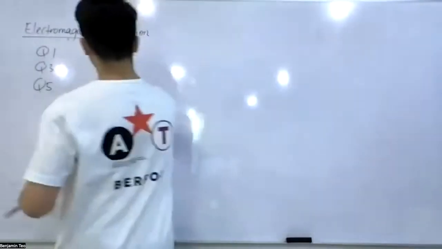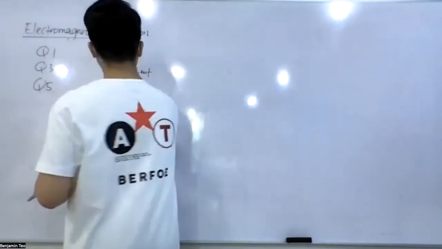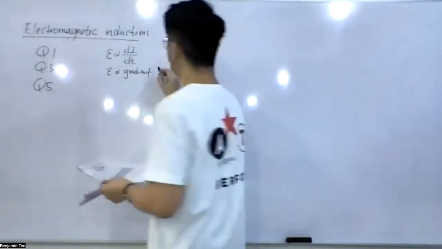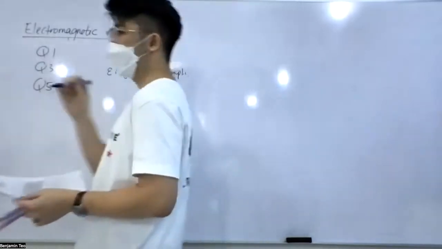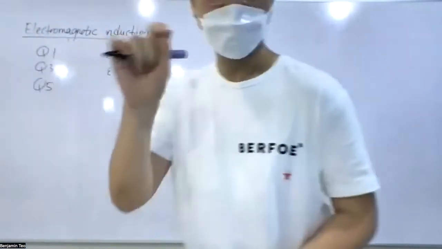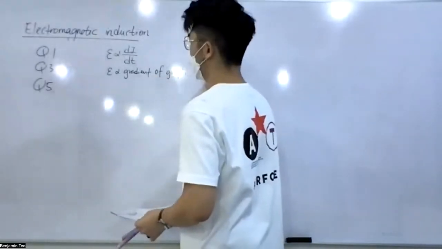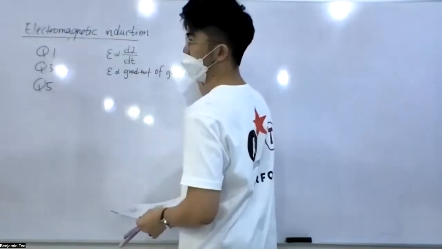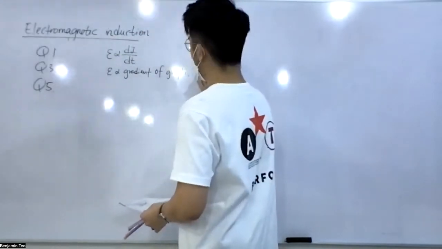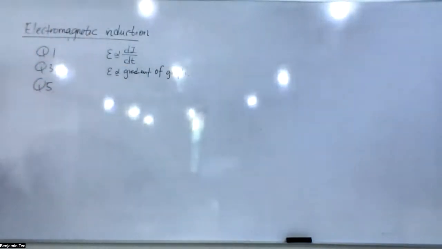So EMF is proportional to the gradient of the graph. Now, remember, not equal, it is proportional to gradient of graph. That means the gradient of the graph is not the EMF, it's just proportional to it because this is times a constant. Remember our N, there's formula inside also, right? The constant value, NA. Again, this is proportional but not equal. They're not the same.